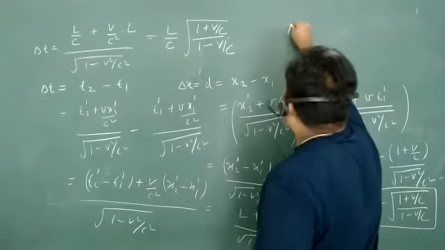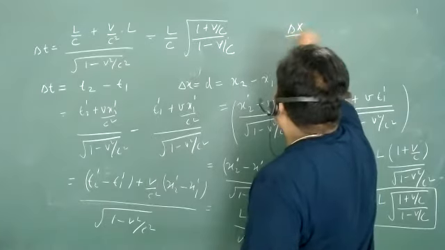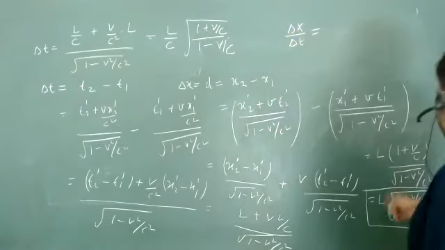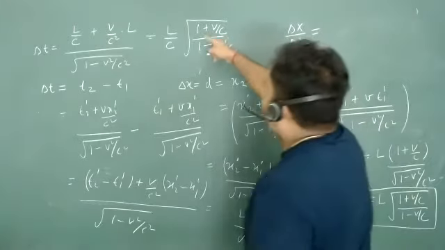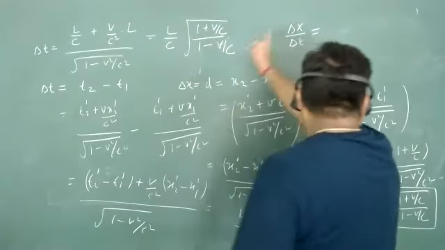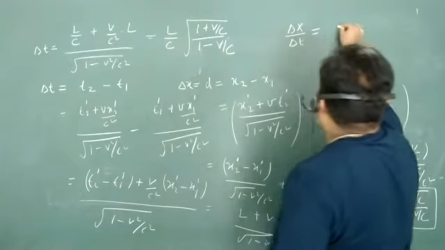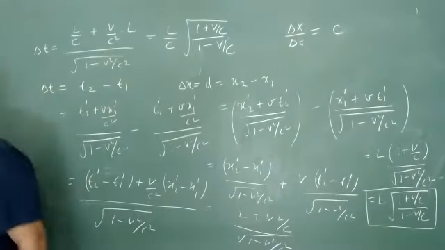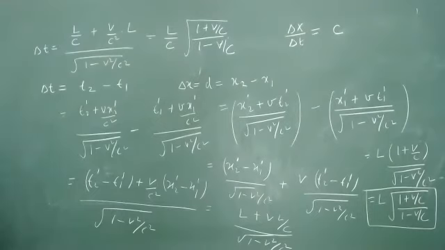If I divide delta x upon delta t, what will you get? This is delta x, this is delta t, and this thing is going to cancel out, and you will get this particular value as c. Isn't it?